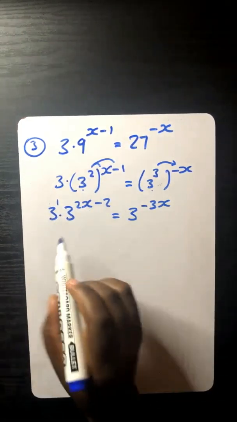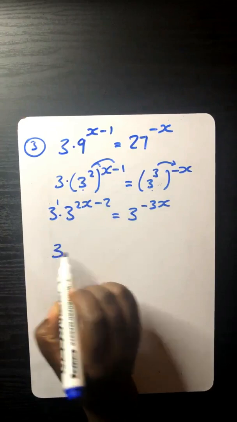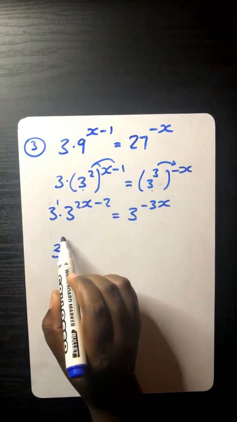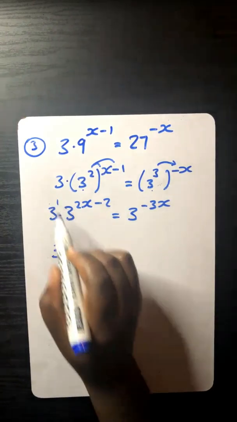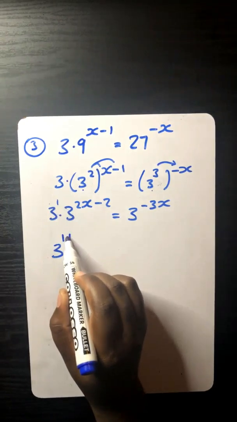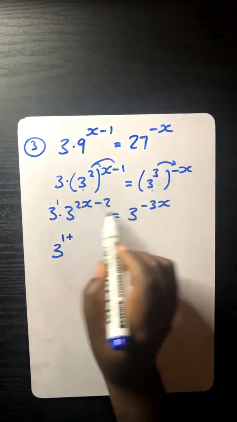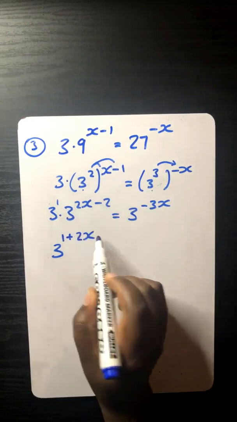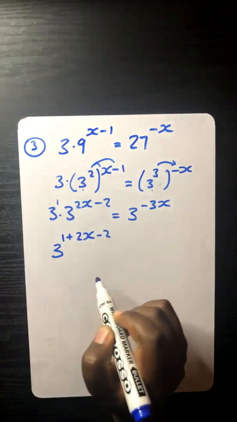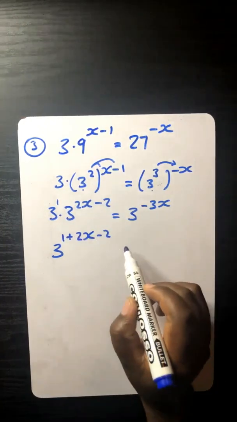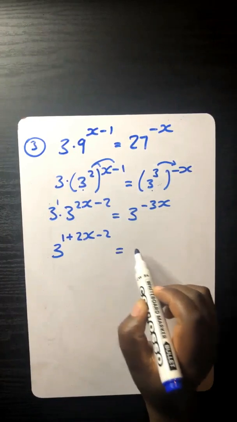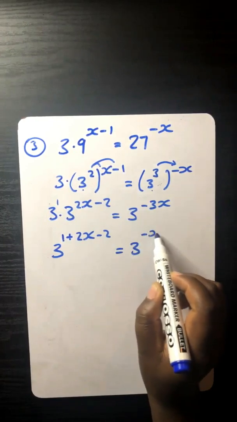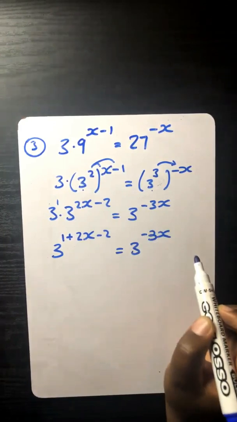So we can apply that rule, which means we're going to have 3 as the base, then you add the exponents. So that exponent there is 2x minus 2, which is equals to this one. You just write it as it is.